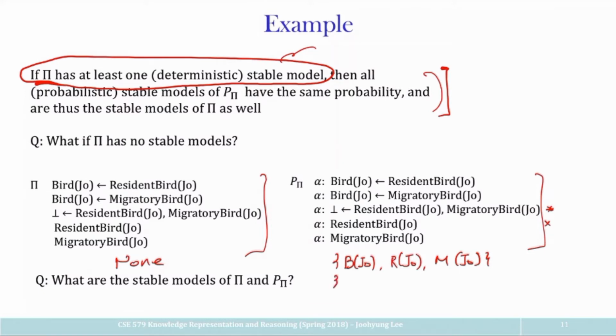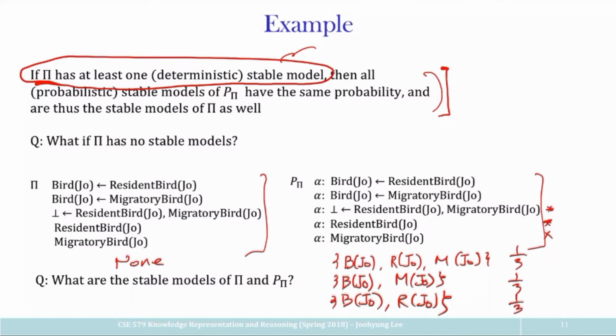What do you get? Migratory bird. But now you cannot derive that Joe is a resident bird because you ignored the fourth rule. And if you forget about this one for now, then you get another thing. You will see that each of them will share the same probability.